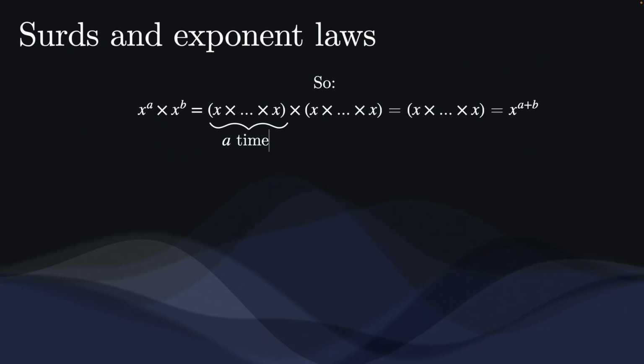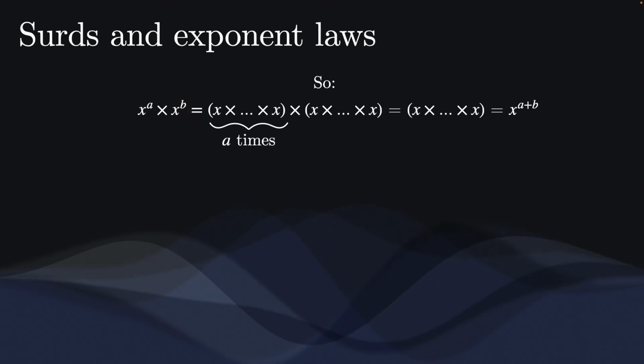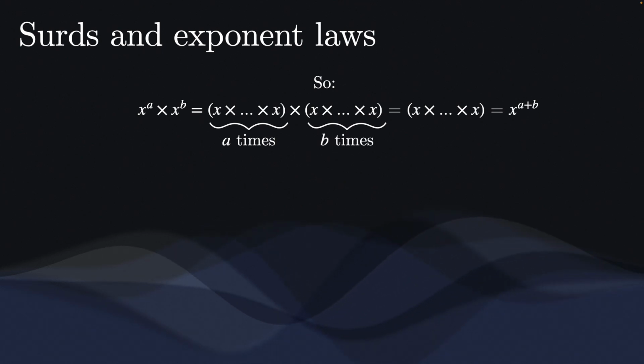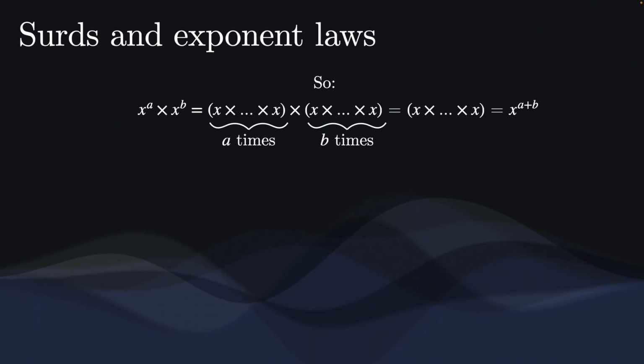And x to the b, using the same definition, is just x multiplied by itself b times. So we're left with x multiplied by itself a times, and then times again x multiplied by itself b times.